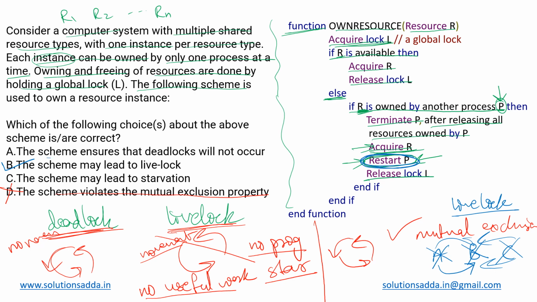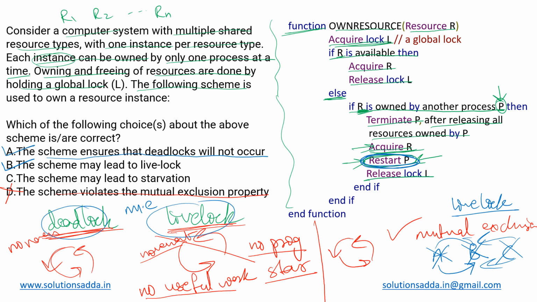So this scheme ensures that deadlock will not occur. We also know one more thing, that deadlock and live lock are mutually exclusive, which means both of them cannot exist at the same time. You will have either a deadlock or a live lock or none. It is not possible to have both simultaneously. Hence, if we have live lock here, deadlock cannot be there. So the scheme is deadlock free.